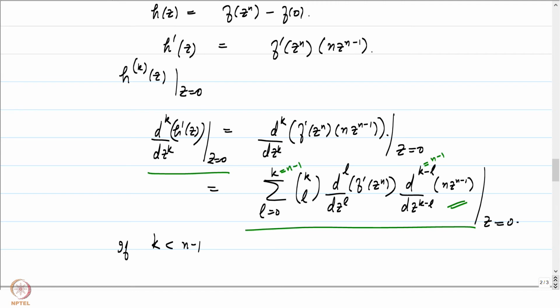So the only term which survives in this expression is when L is equal to 0. That means we will only have f'(z)^n here, and the (n-1)th derivative of n times z^(n-1). When evaluated at 0, that's the only term which will survive.